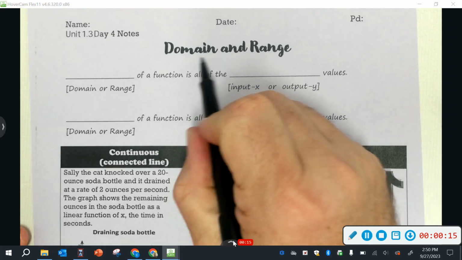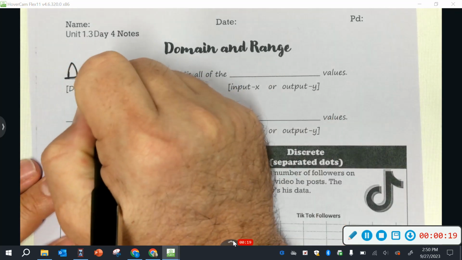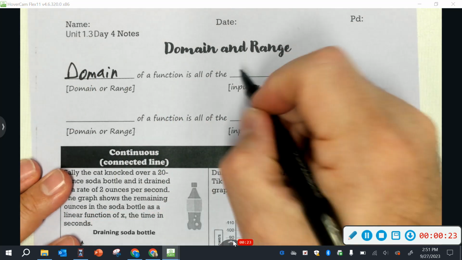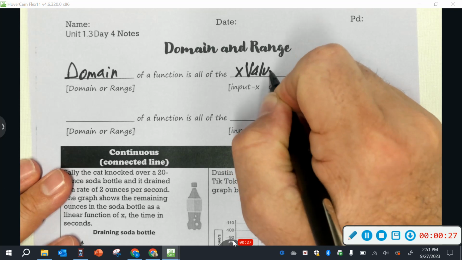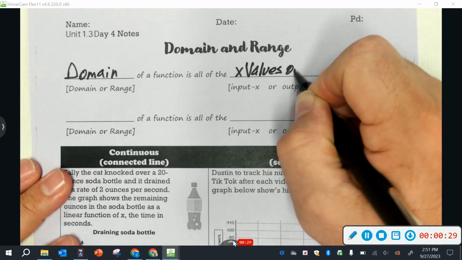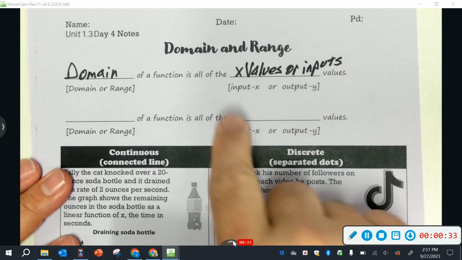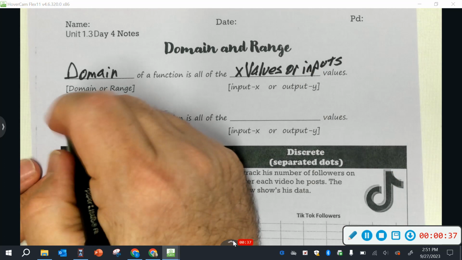So here we have the domain and range. So the domain of a function is all the x values or inputs. Okay, so the domain of a function is all the x values or inputs.